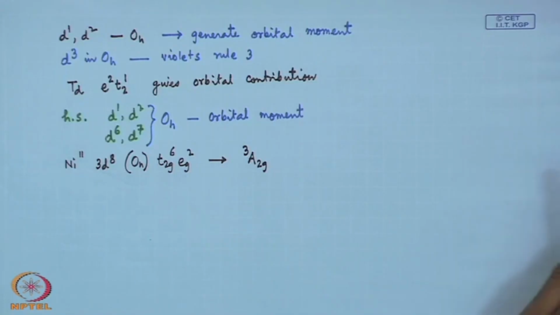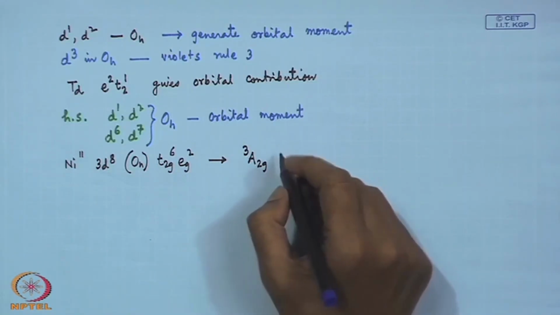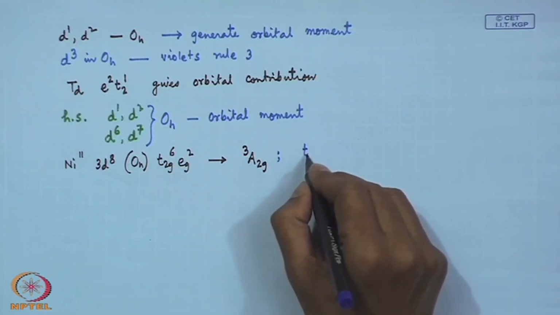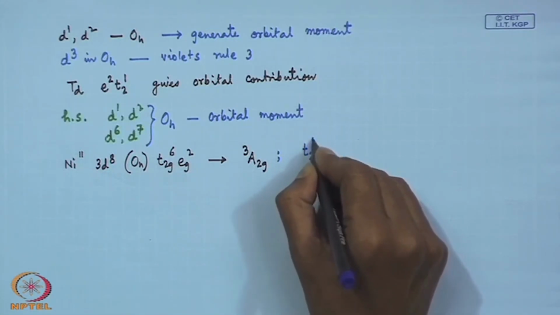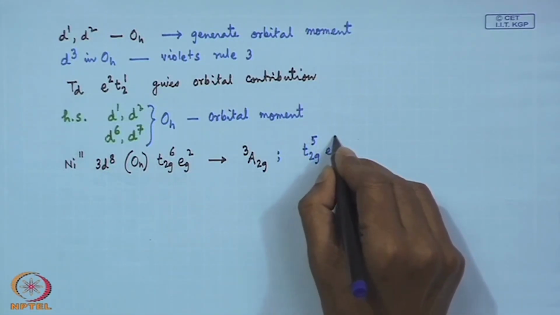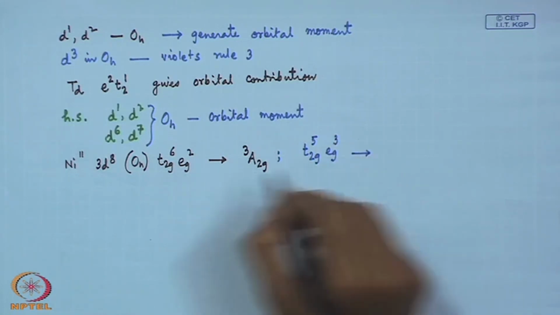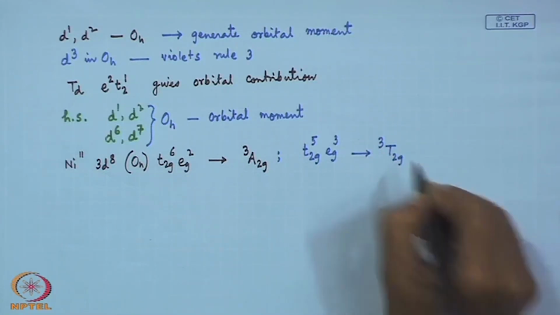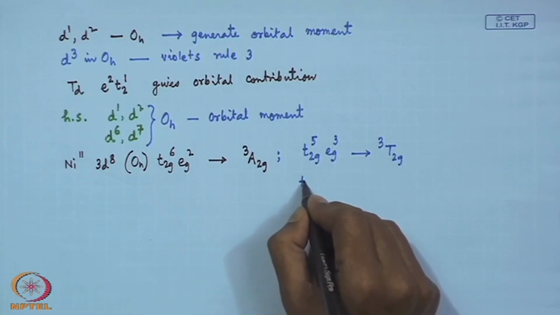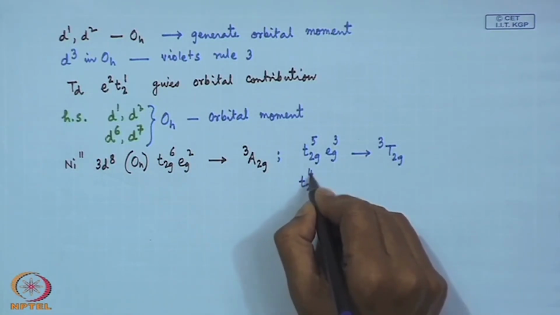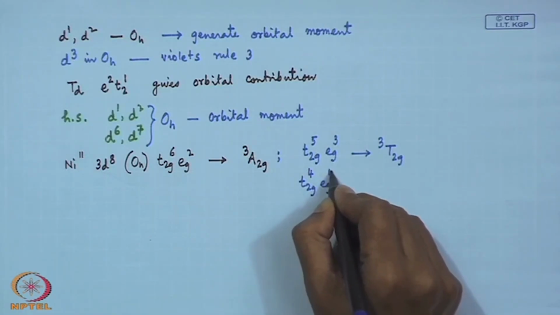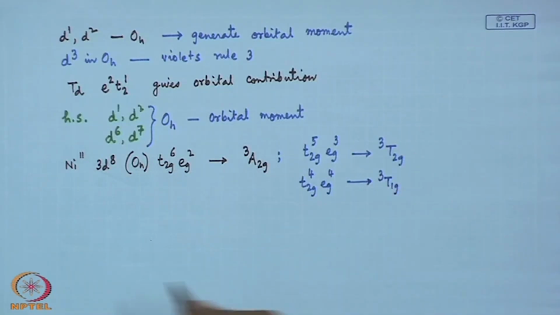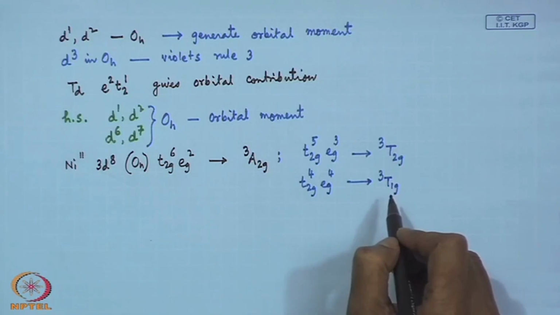This can go to the other two configurations like the excited levels, which are T2G5 Eg3 for the excited level term, which is 3T2g, and T2G4 Eg4, which is for the 3T1g term. So, these are the two excited levels.